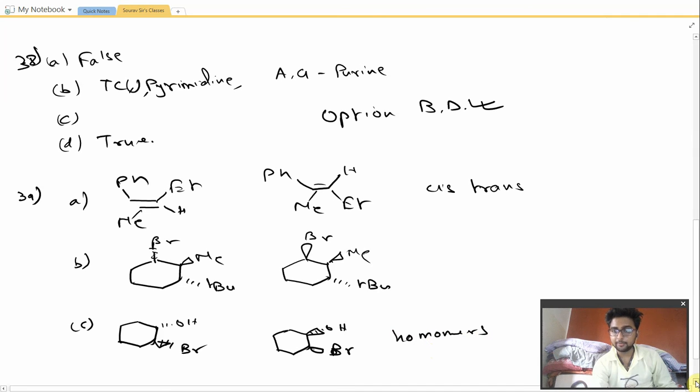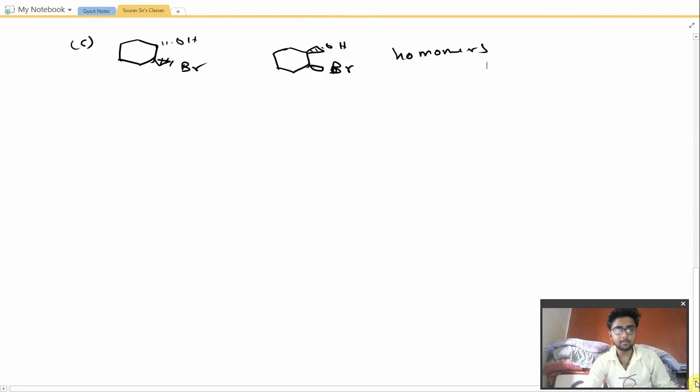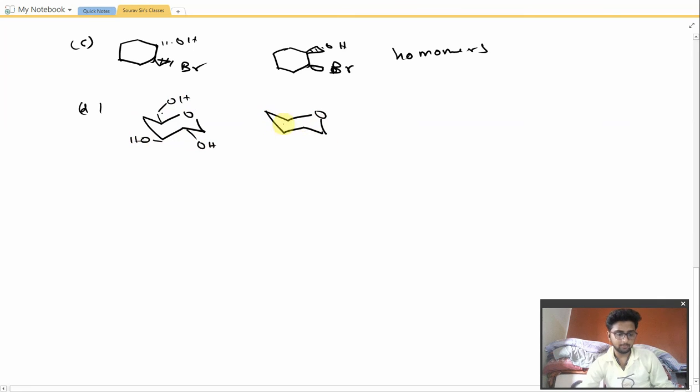And the last option that we have, option number D. This isomer is obviously diastereomers, same case as I have explained in option B. Let me first draw. OH is over here, OH is over here, and OH is over here.